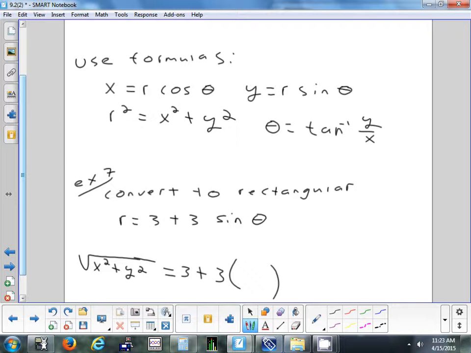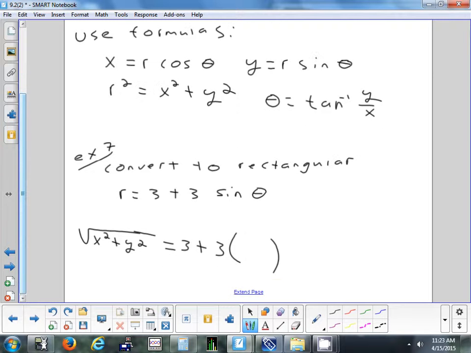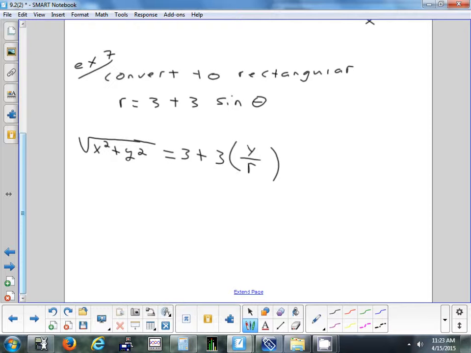Jill? Y over r. Yeah, sine of theta is equal to y over r. Now I just said we can't use an r, but that's okay. We'll substitute in for r, just like we did in the last one, in a second. Okay, so sine of theta is y over r, and now change r. Again, r is the square root of x squared plus y squared.